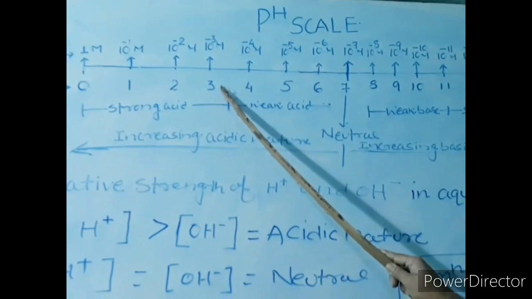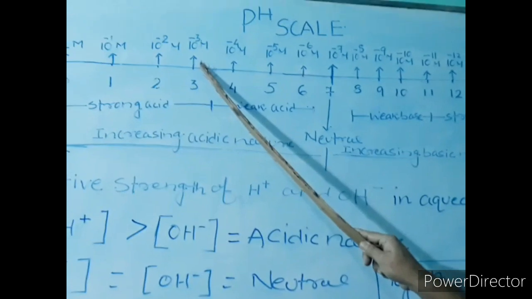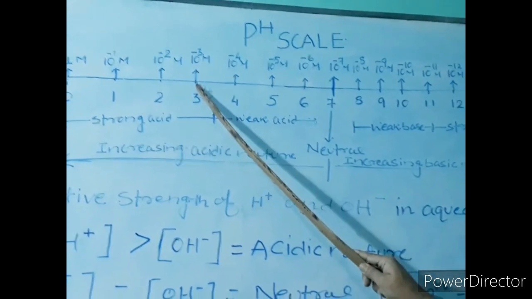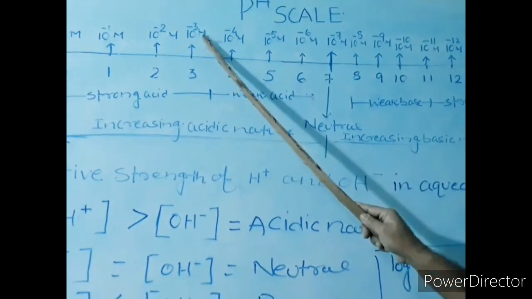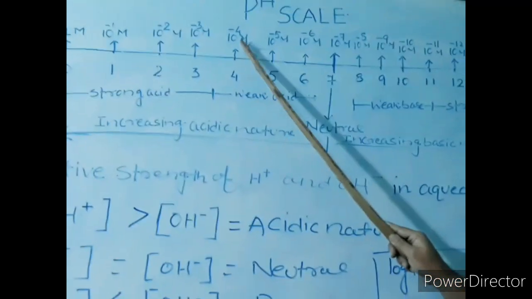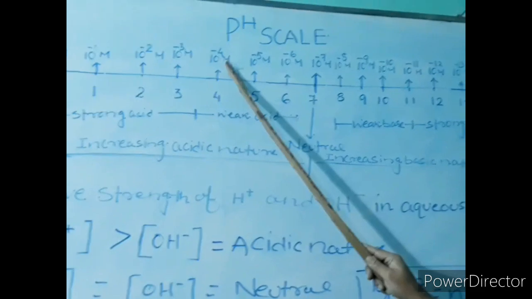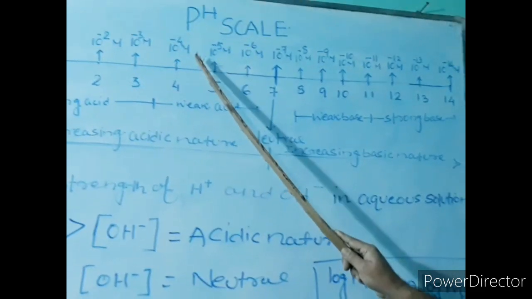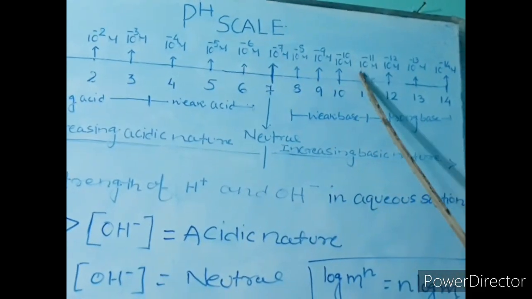If pH is 3, the concentration of hydrogen ion is 10 to the power minus 3 molarity. If pH is 4, it is 10 to the power minus 4 molarity of hydrogen ion concentration, and so on.